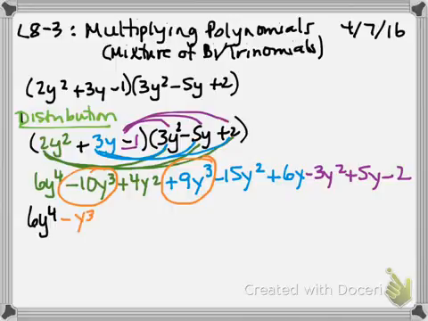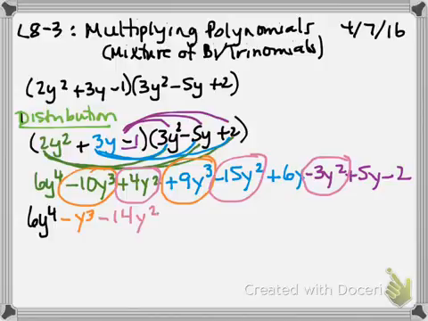So I just write negative y cubed. Now I'm going to look at squares. Let's see, there's a positive 4y squared, a negative 15y squared, a negative 3y squared. So 4 minus 15, that's negative 11. Negative 11 take away 3 is negative 14. So negative 14y squared. So notice that the individual variables do not change.